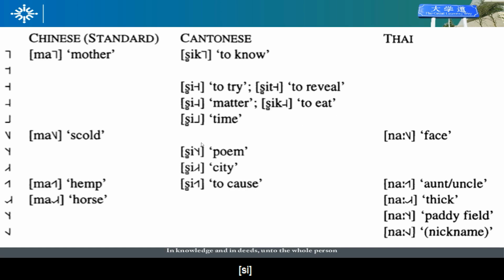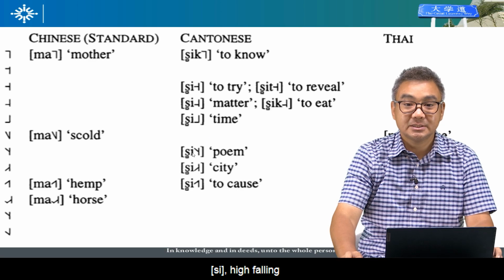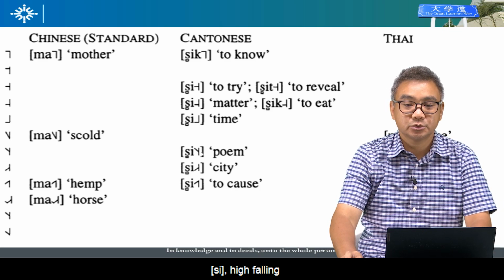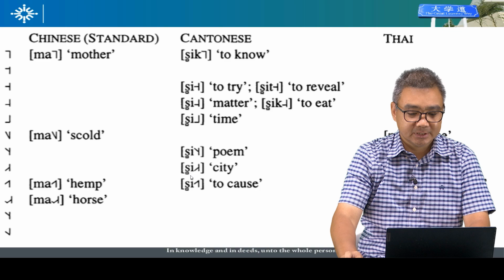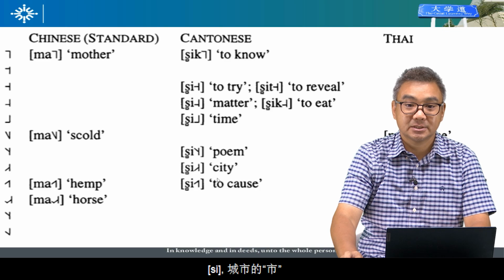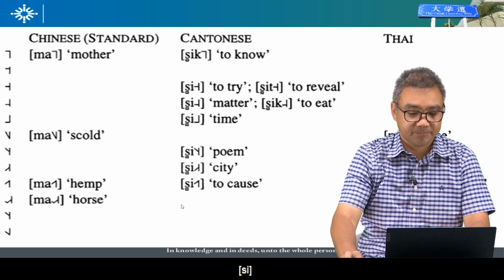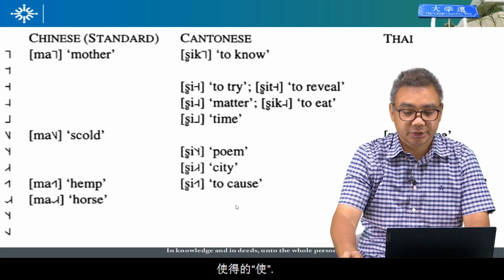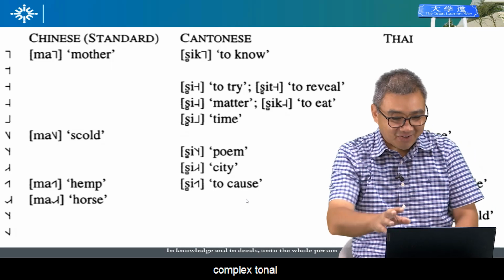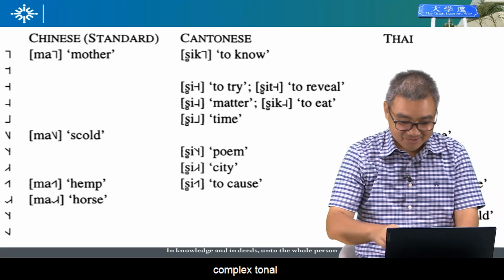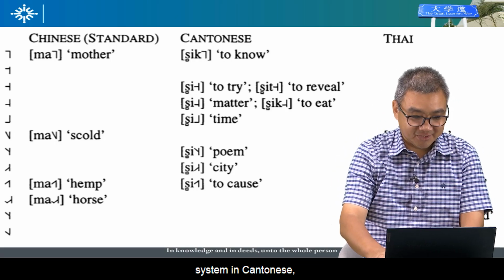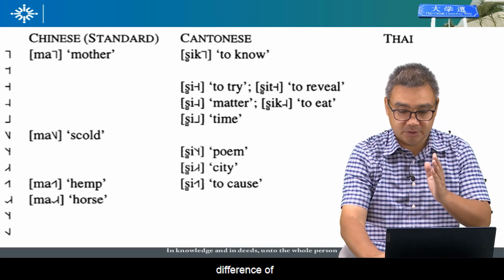Si, 时间的时, time. Si, high falling, 作诗的诗, poem. Si, 城市的市, city. 使得的使. Okay, they are a very complex tonal system in Cantonese, but they make a difference of the tone.